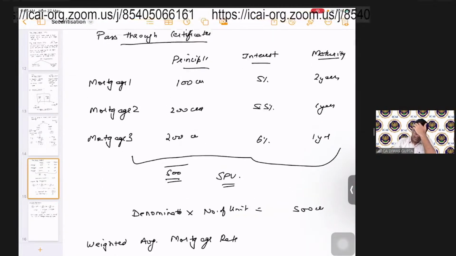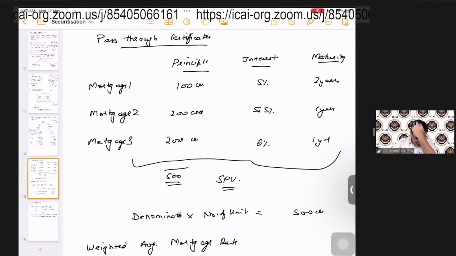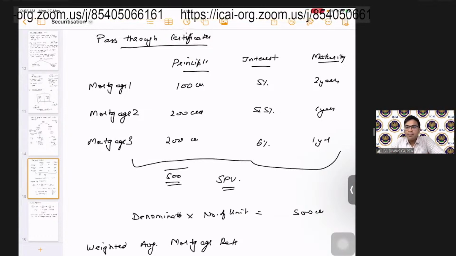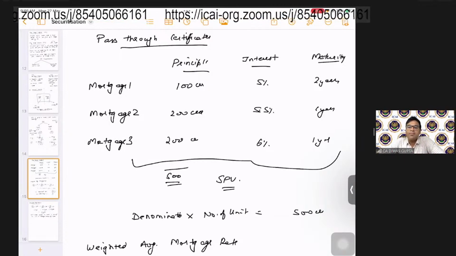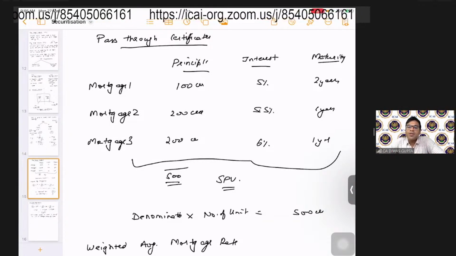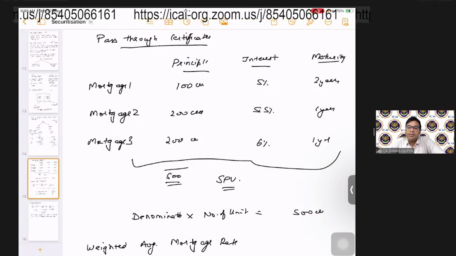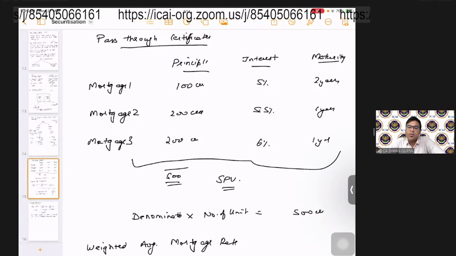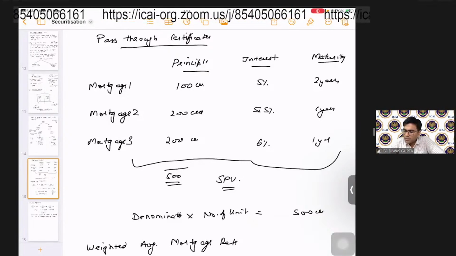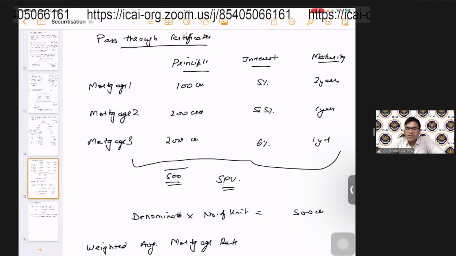Now this is an example, if we have to see once. So let's say there are three different mortgages, mortgage 1, 2, and 3. And pass-through certificates have three different principals, 100 crore, 200 crore, and 200 crore, which is the principal in these three different mortgages.